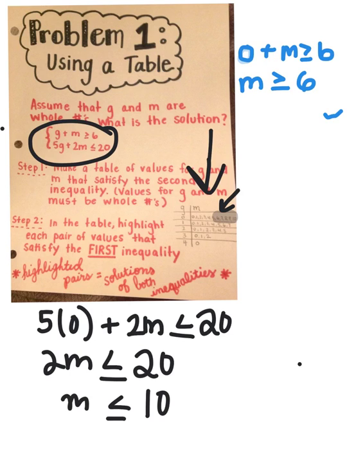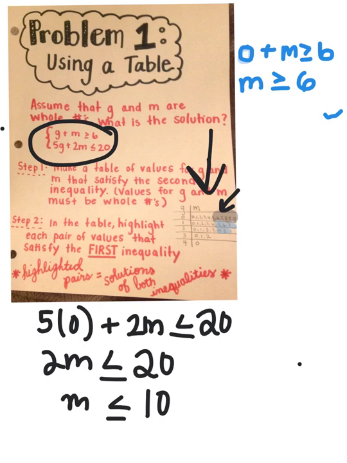If I did that for when g equals 1, I'm going to end up highlighting 5, 6, and 7. If I plugged in 2 for g in the first inequality, the values in our table that satisfy that inequality are only going to be 4 and 5. Now I'm not going to highlight any more, and I'll show you why.